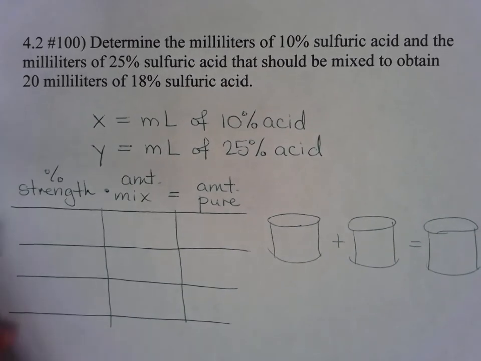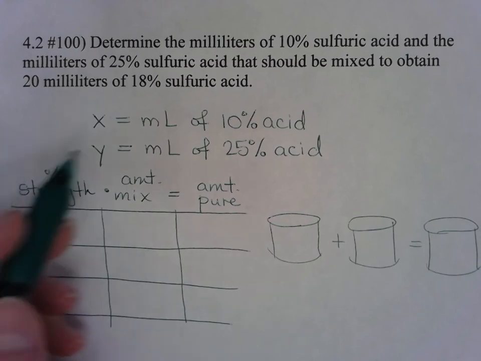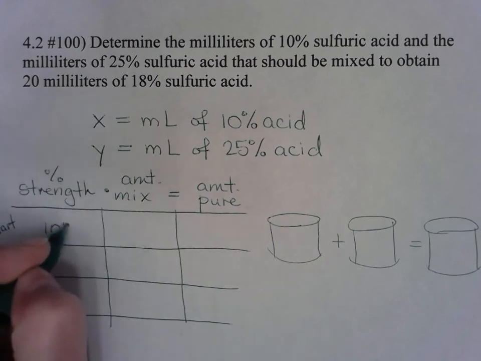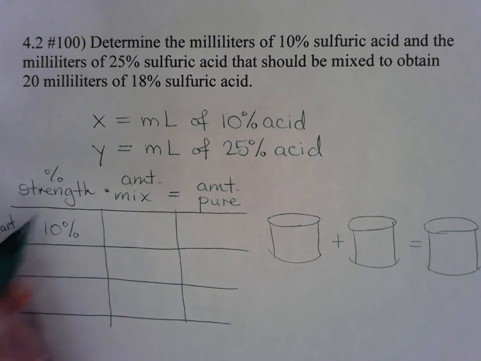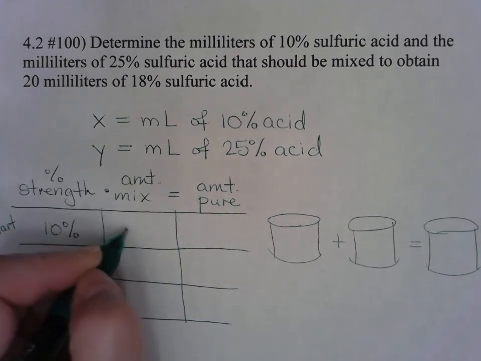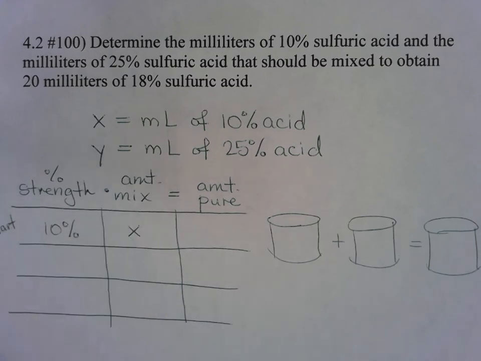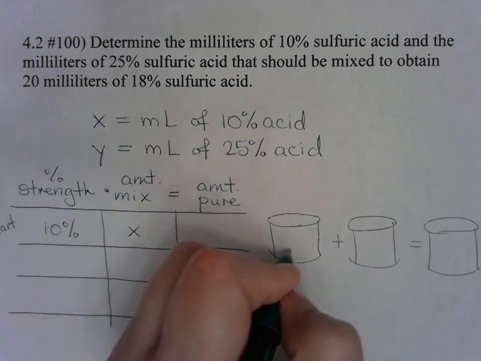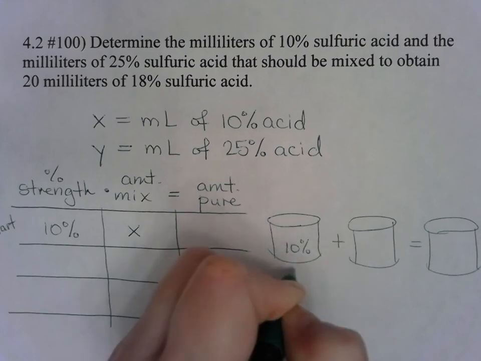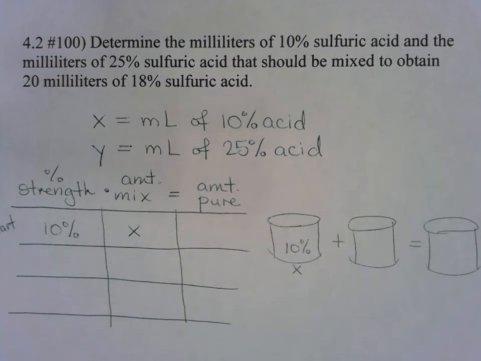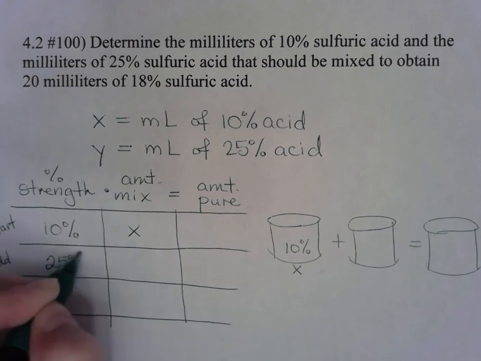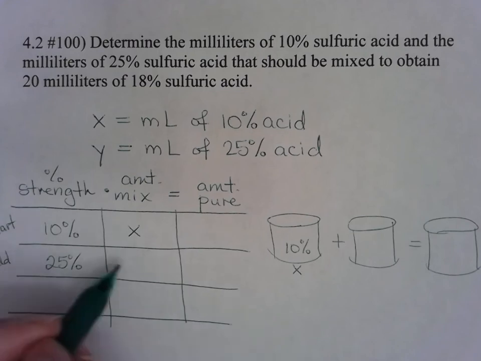Okay, so what are we starting with? Maybe the 10%. How much do we have? We don't know. That's what we're using x for. We're going to add to that some 25% acid. How much?